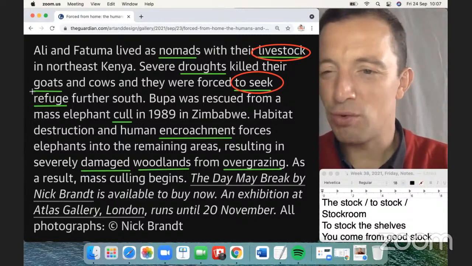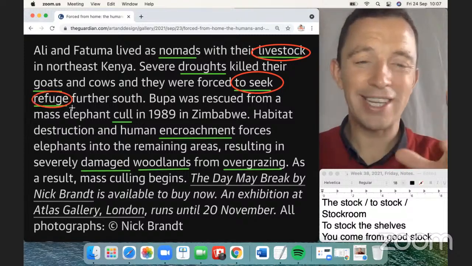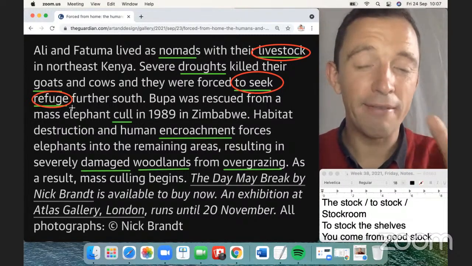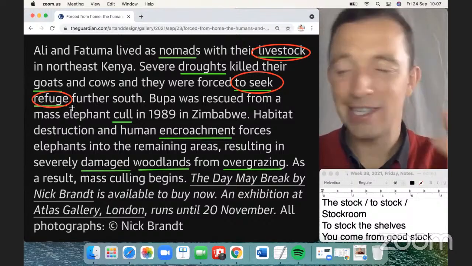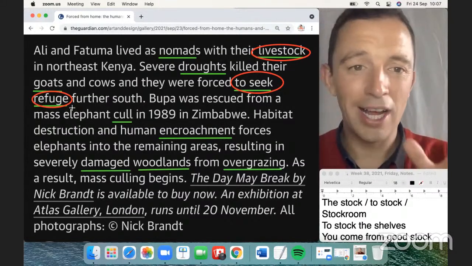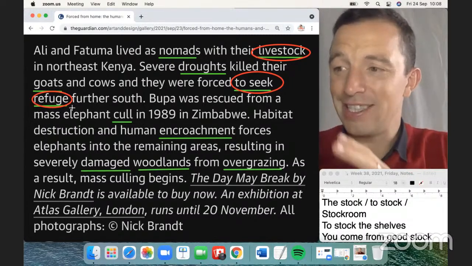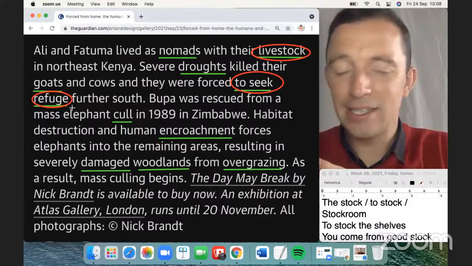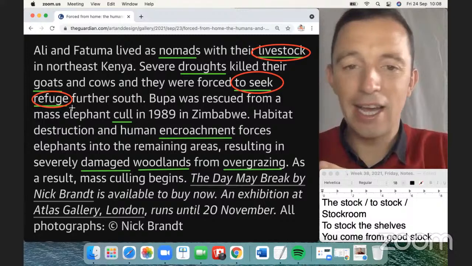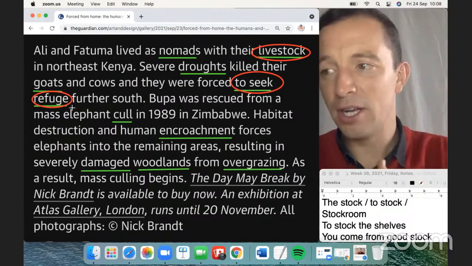The next word is refuge. Just the pronunciation, it's like safety. If you are looking for refuge, the significance is you're looking for a safe place to stay. Okay, so refuge is the safe place. A refugee is the person looking for the safe place.